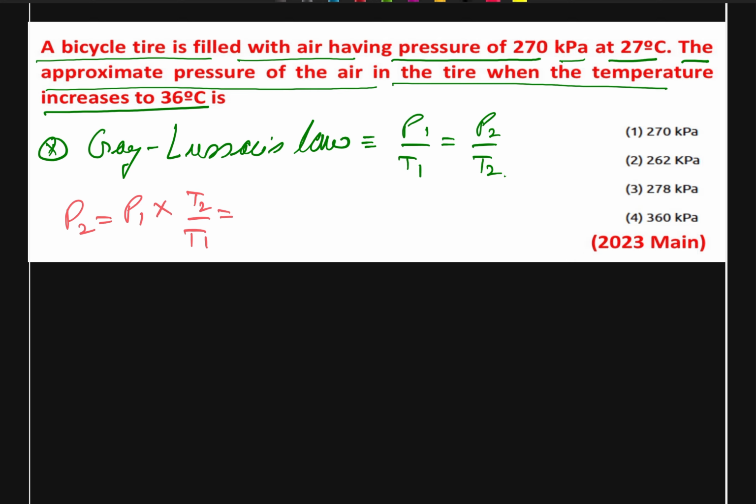I simply substitute the values, and it is 270 kilopascal, and we have T2. 36 degrees centigrade is going to give us 309 Kelvin, and 27 is going to give us 300. So this comes as 278 kilopascal approximately. So option 3 is correct.